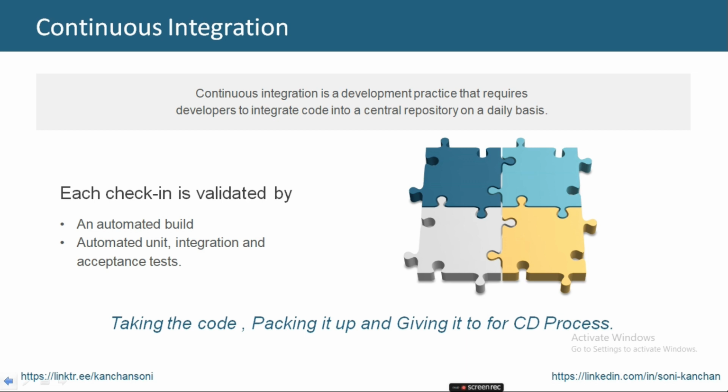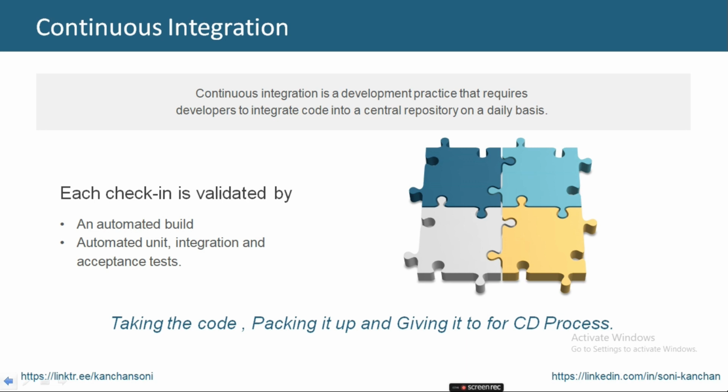Now, as we have seen in the previous slides, you will now understand where Jenkins comes into DevOps. So there might be a chance you are thinking, what is this continuous integration?